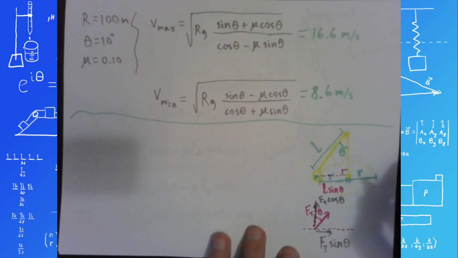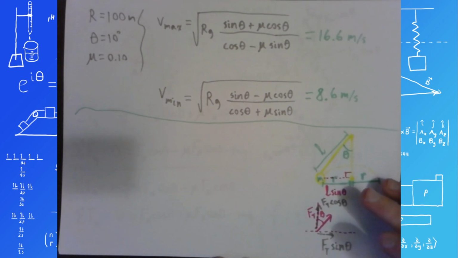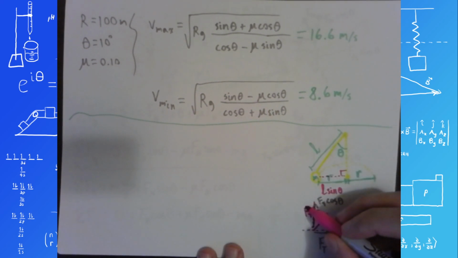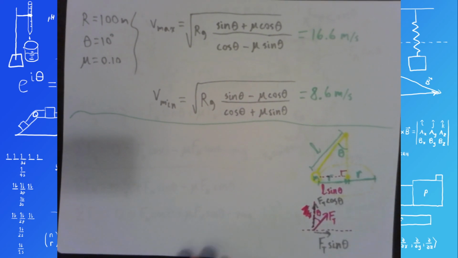I'm glad I have a variety of colors because otherwise this would have been confusing. In fact, it still looks a bit confusing the way I've drawn it. I want to write force of tension over here. Yeah, that's better. That reduces the risk of it being misread.